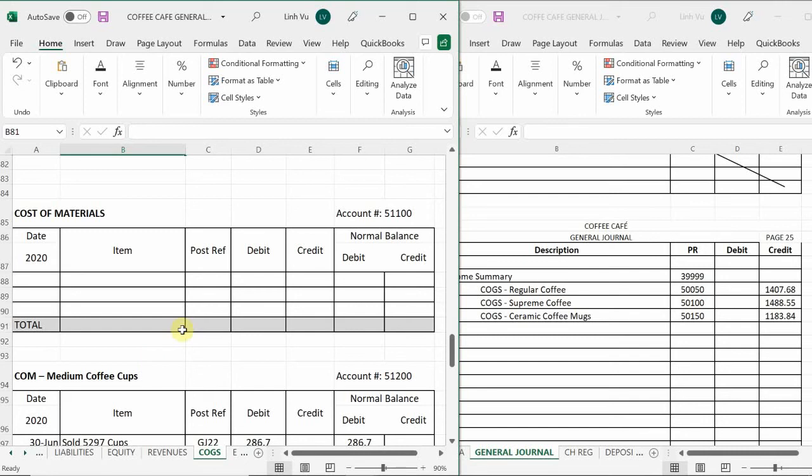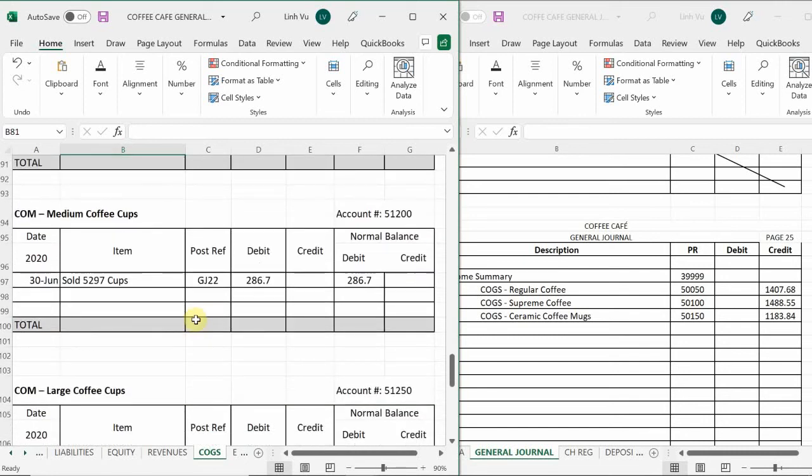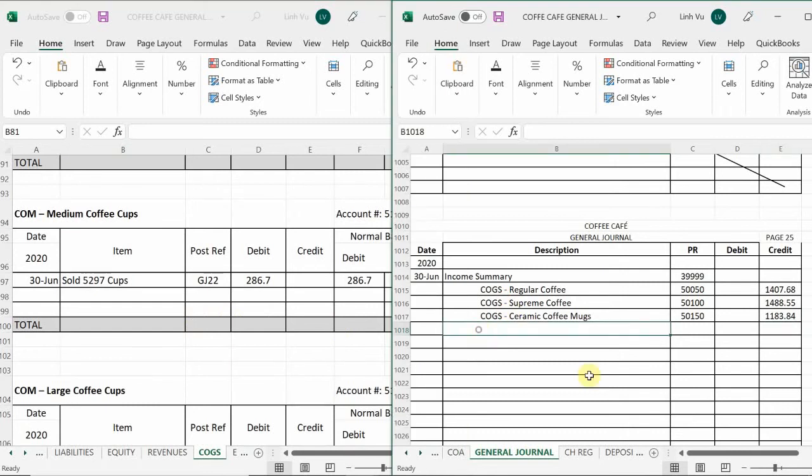All right. Next is cost of materials. So first one we have here is cost of materials for the medium coffee cups.